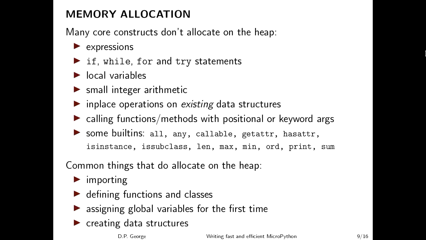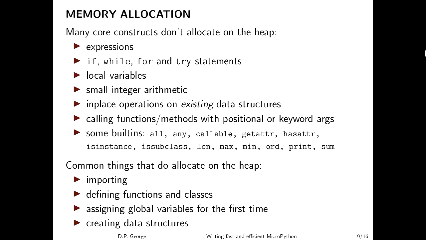As I said before, local variables, because you know where a local variable lives, it's easy to store and load local variables. Small integer arithmetic, if you're using less than 31 bits, doesn't need to allocate on the heap. And then for things like lists and dicts and byte arrays, if you do in-place operations, like subscripting a dictionary or subscripting a list, or even sorting a list in place, those things don't need to allocate heap memory.